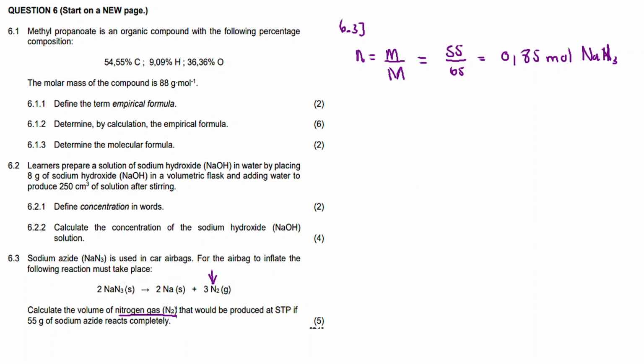Calculate the volume of nitrogen gas produced at standard temperature and pressure. 55 gram of sodium azide is given, so the mass is a given. We find the gas produced, the nitrogen gas. So we want the volume of this nitrogen gas.